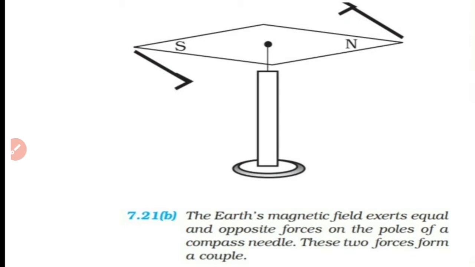So when you bring an external bar magnet, due to its magnetic field, forces will be experienced on the north pole and south pole of the compass needle, but the two forces will be in opposite direction, depending on which polarity you have brought closer to the compass needle, north pole or south pole.